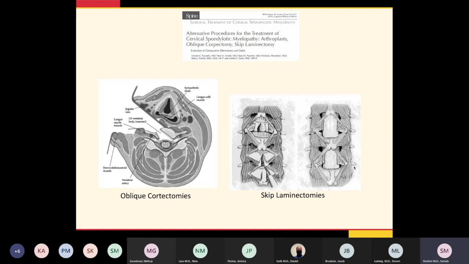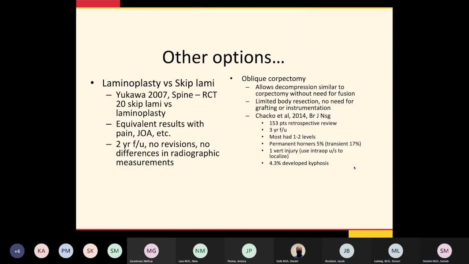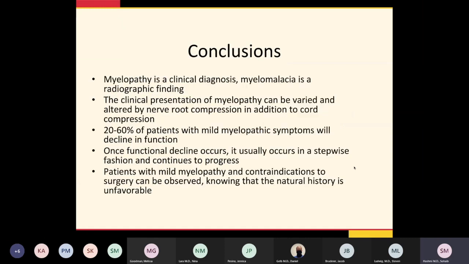However, in a patient with multi-level stenosis, skip laminectomies may make it hard to adequately decompress the spine. Although there have been limited studies, these options do show equivalence when patients are mild or moderate in terms of their cervical myelopathy. However, certainly these are not the mainstays of treatment in most patients.